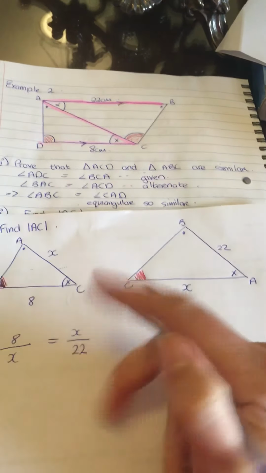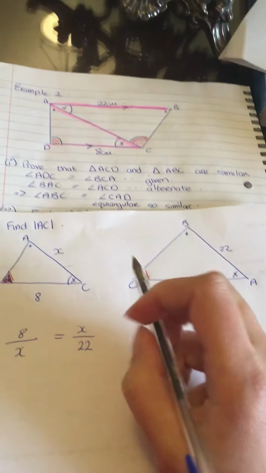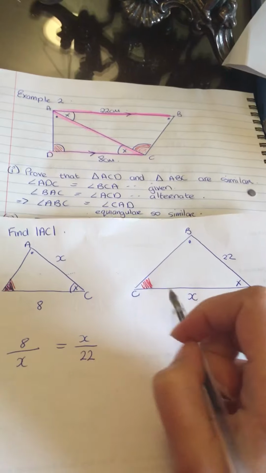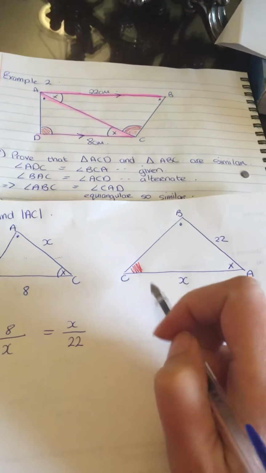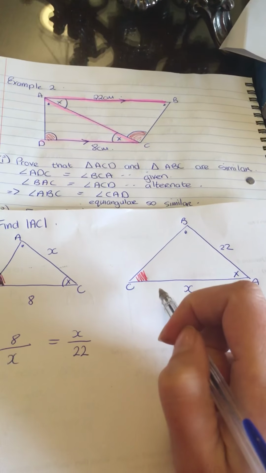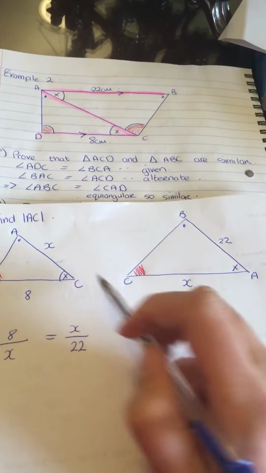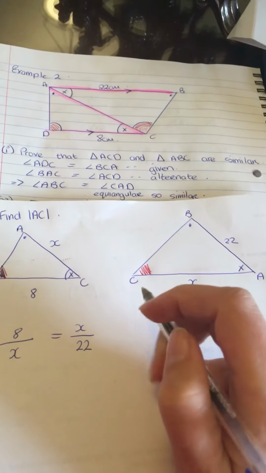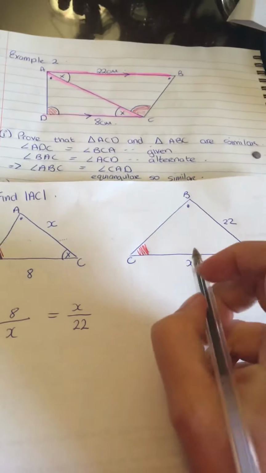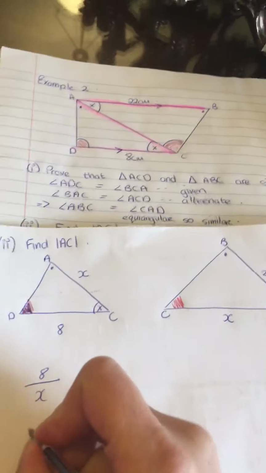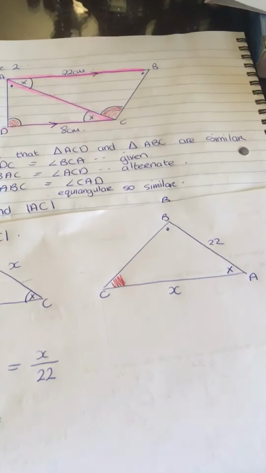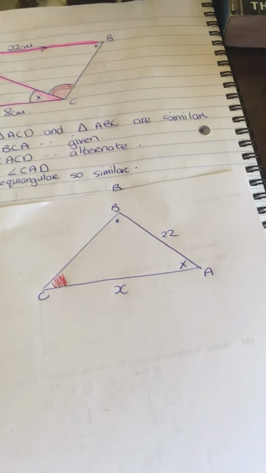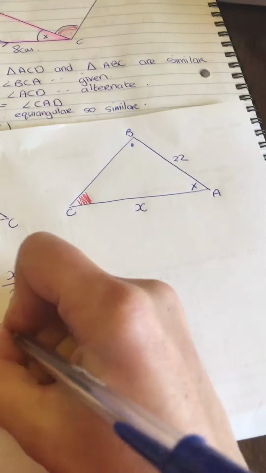Okay, so I suppose it was important to recognise at the start that AC was on both triangles, otherwise I would have been short in number and I wouldn't have been able to solve. We can only ever solve an equation if there's only one variable. If there was more than one, we'd be going to simultaneous equations. So if we cross multiply, we have x squared is equal to 22 by 8, which is 176.